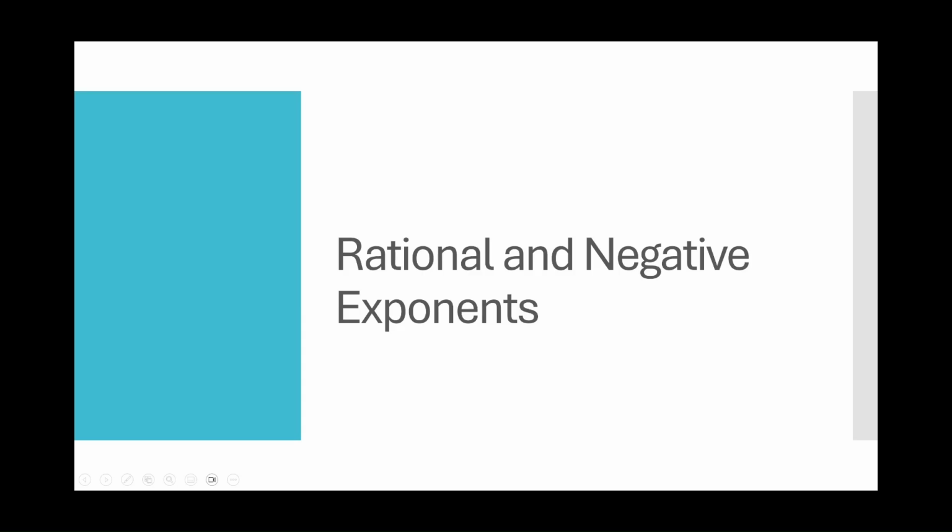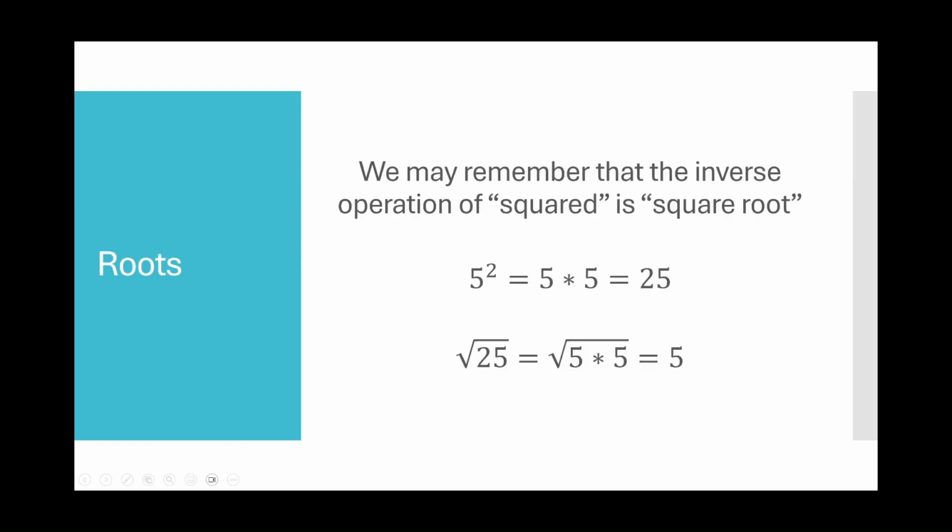That's a fraction. So if you remember that squared and square root are inverses of each other, they undo each other, right? 5 squared is 5 times 5, it's 25. The way to go from 25 back to 5 is to take the square root of it. Those two undo each other.